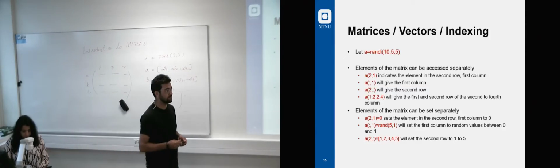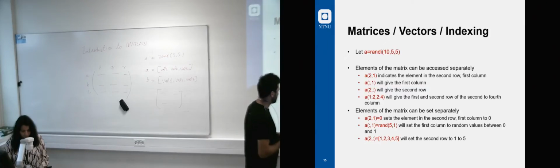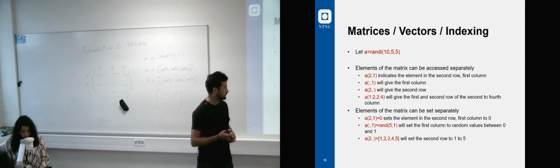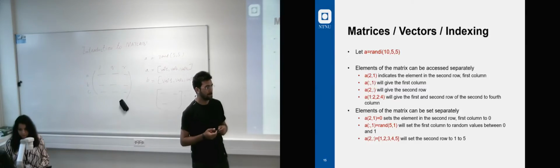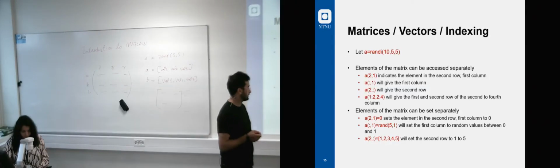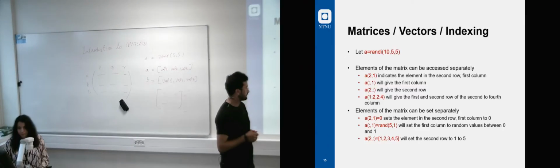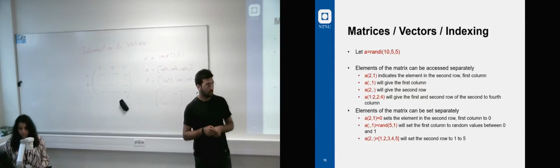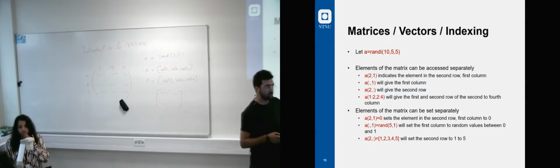Yeah. It changes all the numbers in the first column, and it changes with the... It's 5 numbers. It's basically a random number between 0 and 1. We already gave the dimension of the random here.